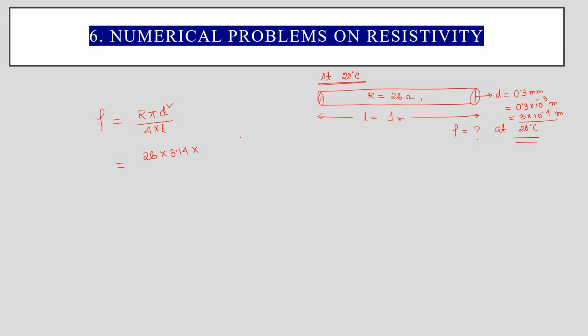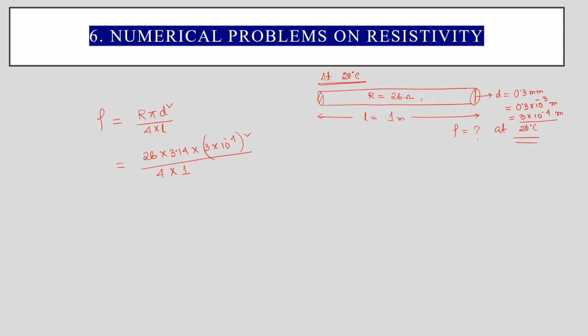Then whole square, divided by 4 times the length, which is 1 meter. We should convert the millimeter into meter because we are considering the value in the SI system.